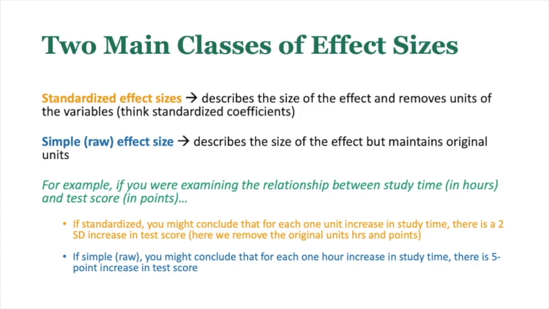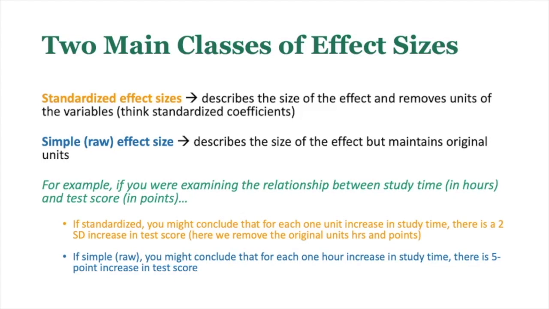The simple raw effect size is just describing the effect size, but maintains the original units. So think of just our regular coefficients. So if we watch more TV, what tends to happen to our income? Like the example we've used earlier in the class. That is just a raw or simple effect size.